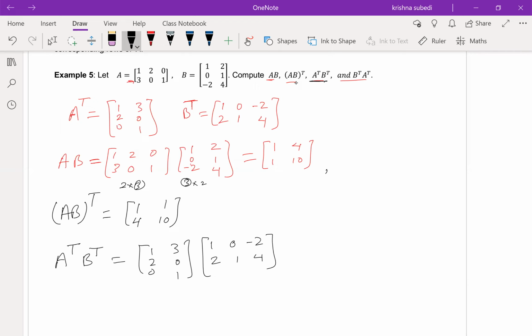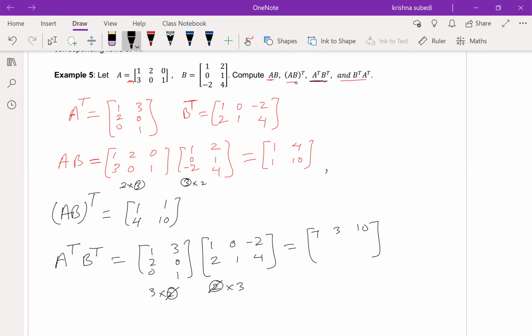So first, let us check whether the multiplication exists or not. This one is a 3 by 2 matrix. This one is a 2 by 3 matrix. Yes, so matrix multiplication exists, and I need your help. So we got 7, 3 and 10 in the first row.